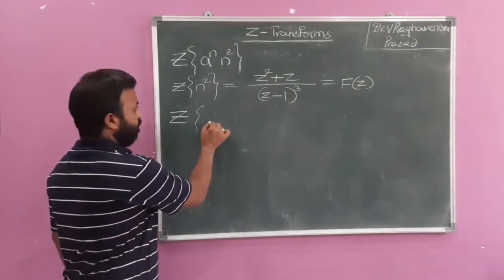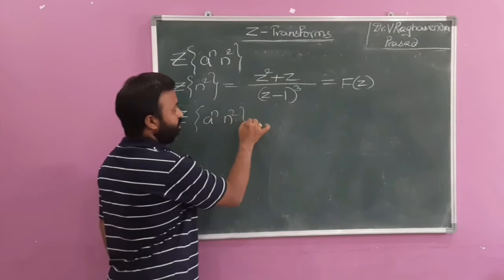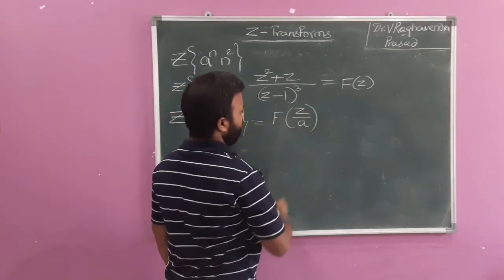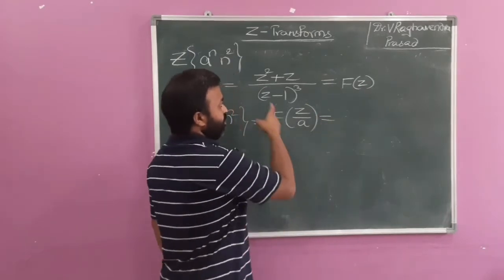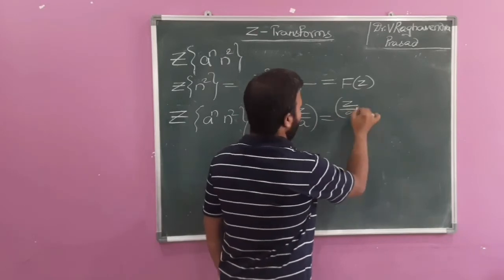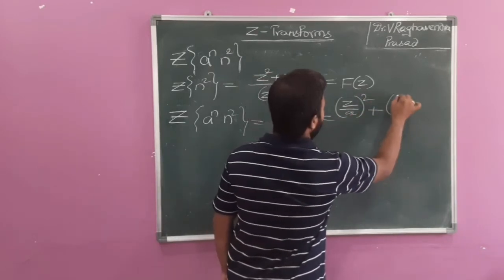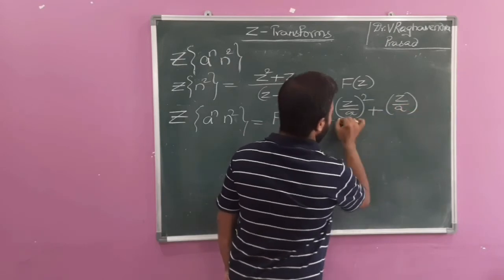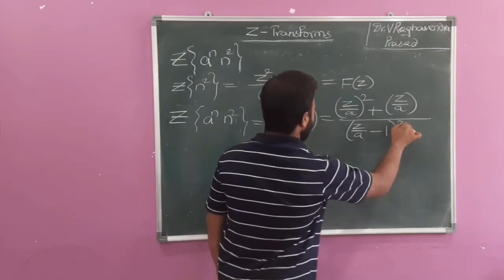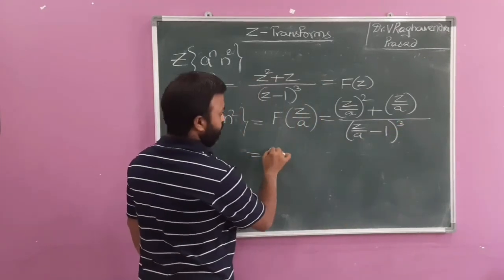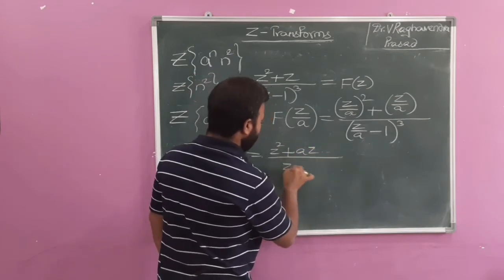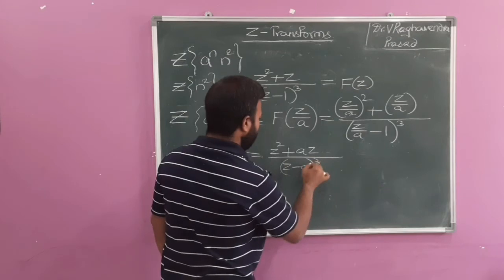Now the z transform of a power n into n square is equal to f of z by a, by using the change of scale property. That means we replace z with z by a in f of z. Then we have z by a whole square plus z by a by z by a minus 1 whole cube. So now this is equal to z square plus az by z minus a whole cube by a.